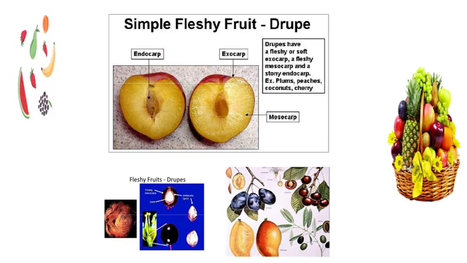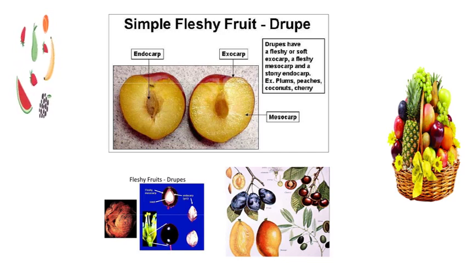So the first type of simple fleshy fruit or succulent fruit is drupe. In this fruit, the mesocarp forms the edible portion of the fruit, and the endocarp forms a hard shell or stone.